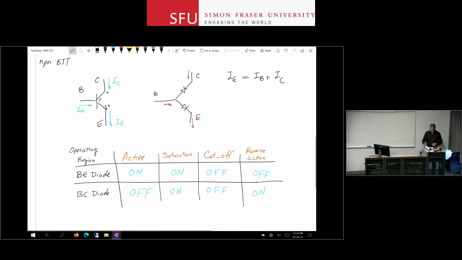For that reason, in reverse active, yes, the device still behaves as a transistor in active region, but like a bad transistor. You lose a lot of those good things that you wanted by making this sandwich structure. While the other three regions, active, saturation, and cutoff, have their applications, reverse active doesn't have an application.